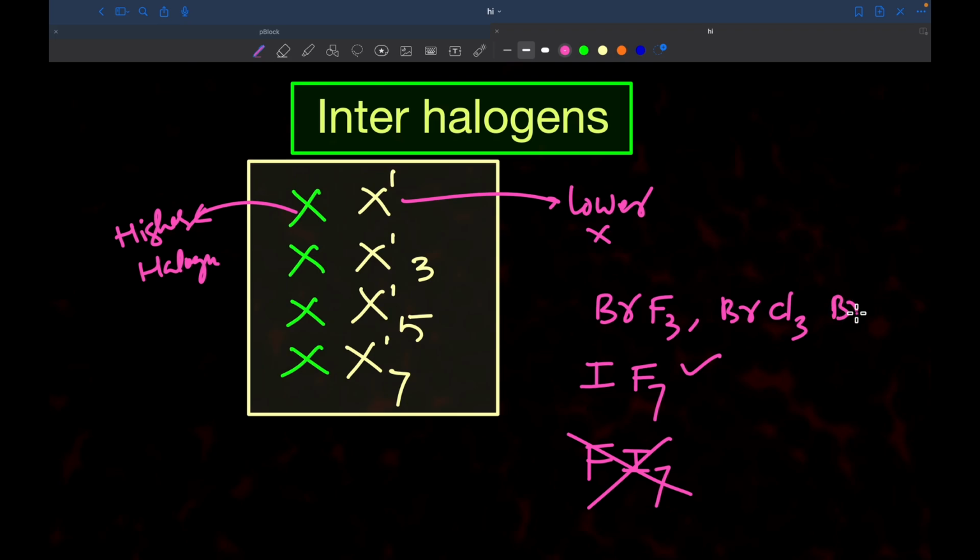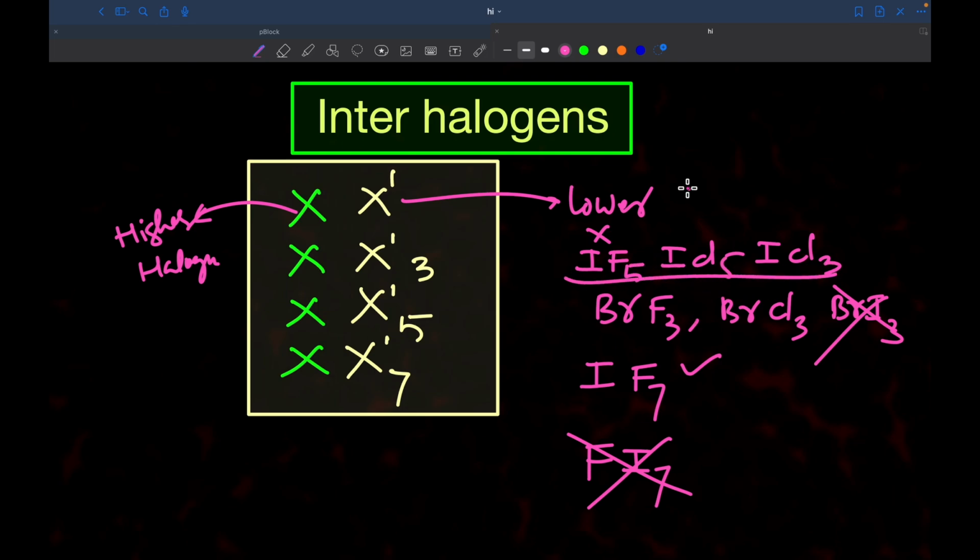So BrI3 possible नहीं है. This is how you have to remember. So IF5 possible है, ICl5 भी possible है, ICl3 is also possible. So these are possibilities, but you are not supposed to write FI5. ये possible नहीं है. So this is the meaning of it.